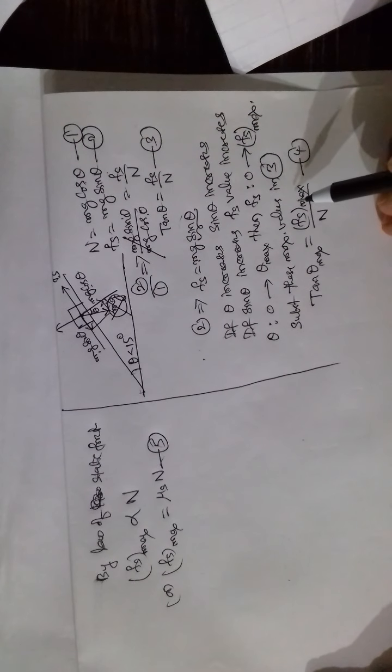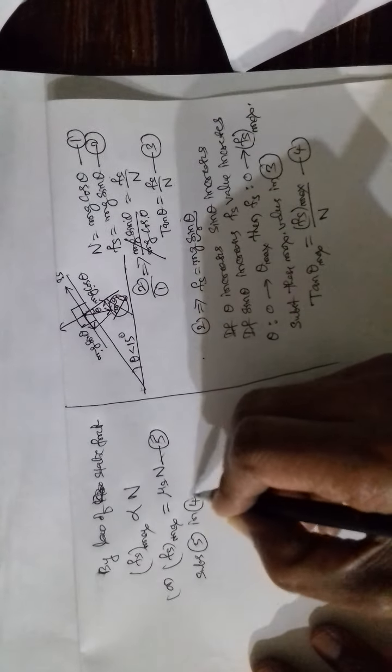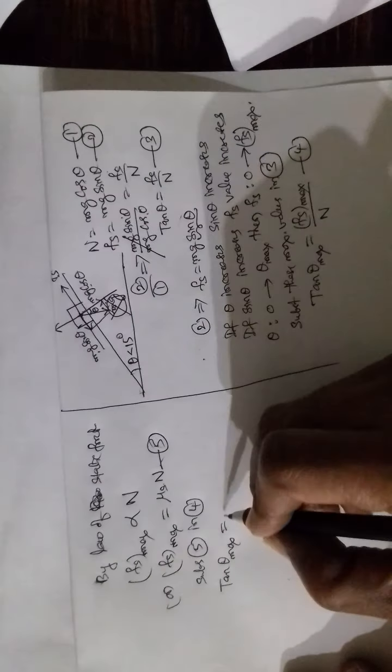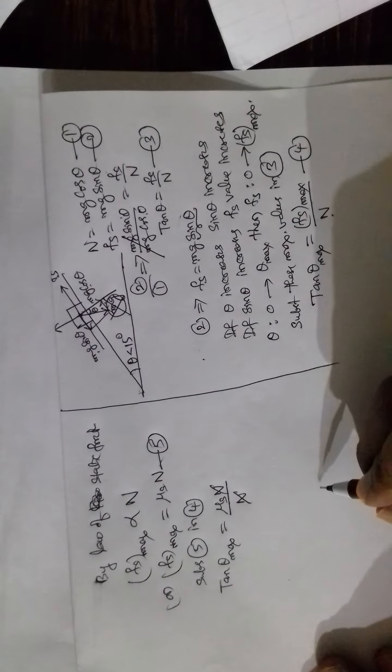In place of Fs maximum, you can substitute this value. Substitute 5 in 4: tan theta maximum is equal to mu s N by N. N gets cancelled.